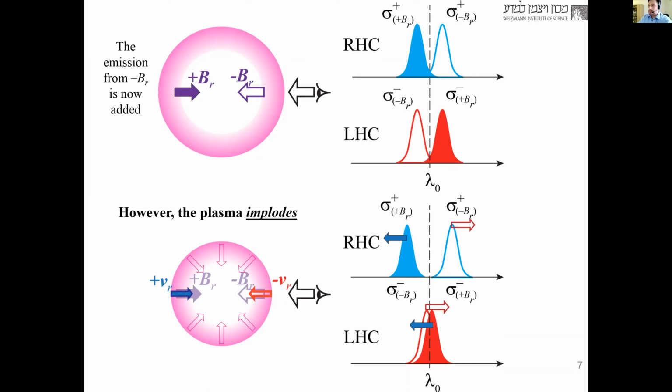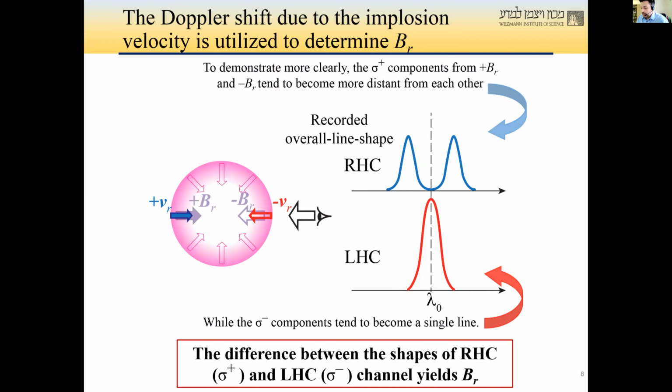To demonstrate this more clearly, the sigma plus components from plus BR and minus BR tend to become more distant from each other, while the sigma minus components tend to become a single line. The difference between the shapes of the RHC and LHC channels yields the value of BR.